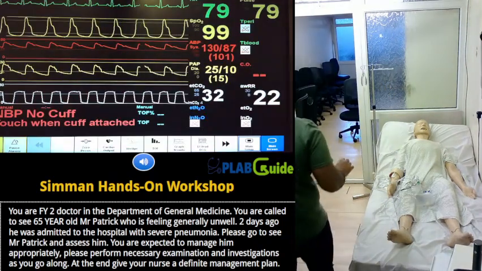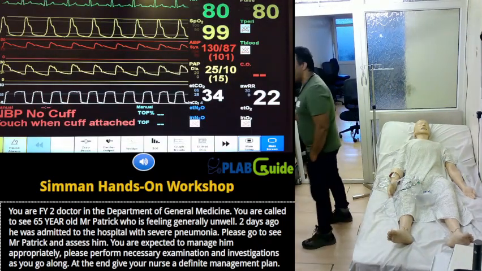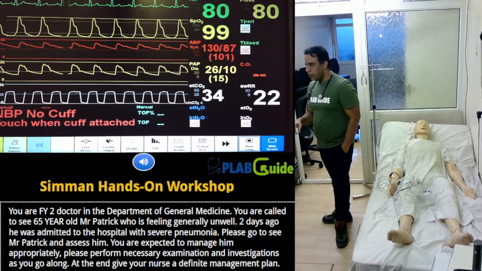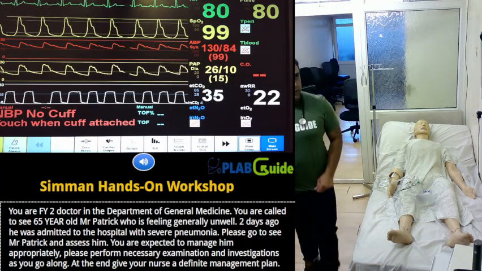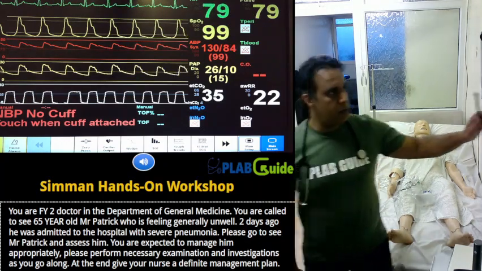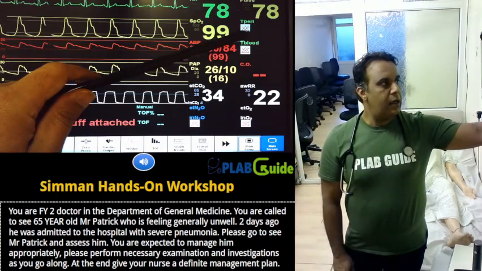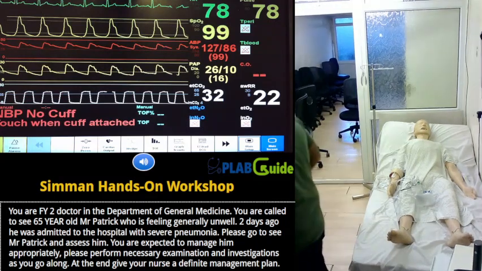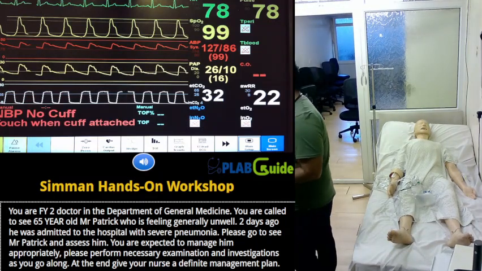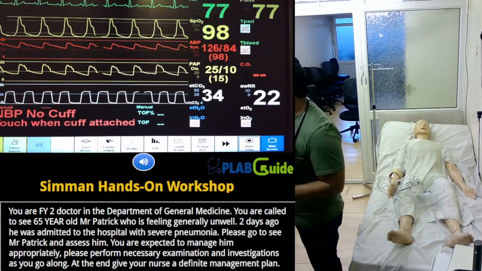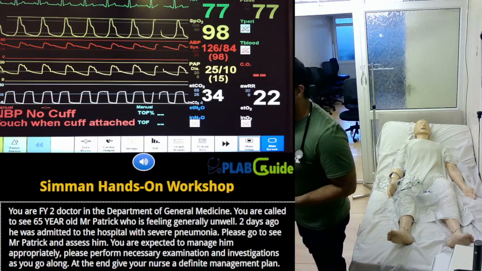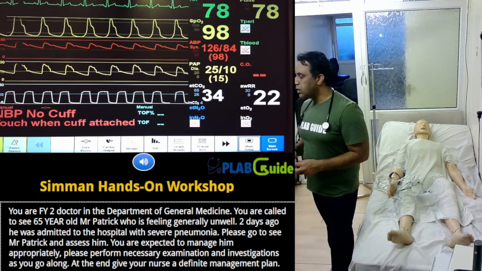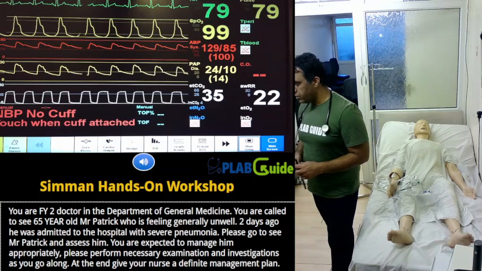Now going to the definition, A and B are looked into together. Whenever you're seeing any patient, you need to make sure that you do not see only one single parameter. A and B is always together. So you need to see pulse, respiratory rate with oxygen saturation. You shouldn't be happy just by looking at one single parameter.